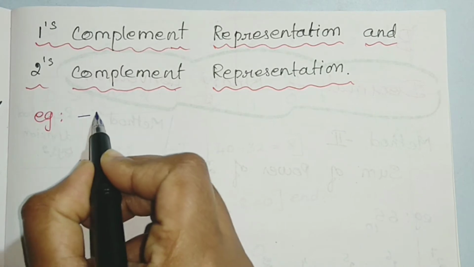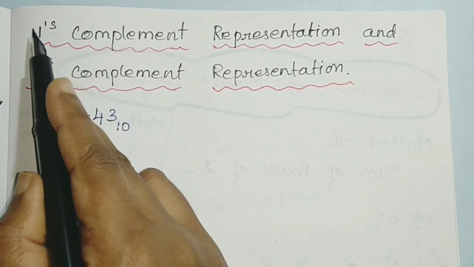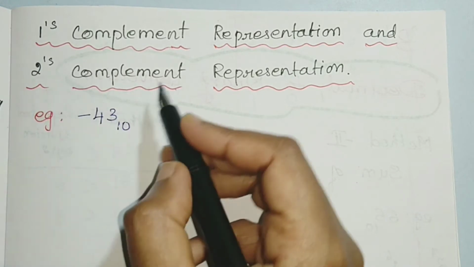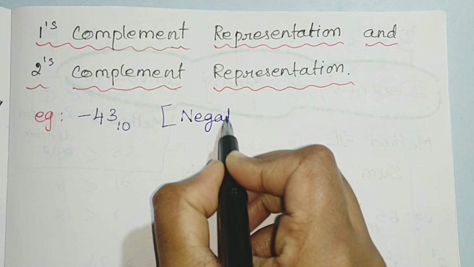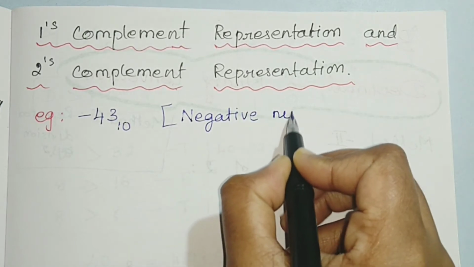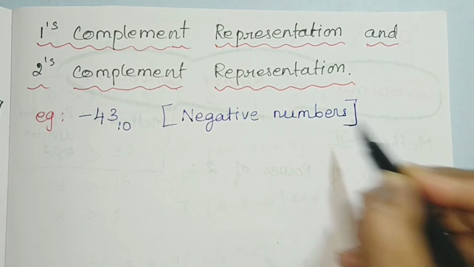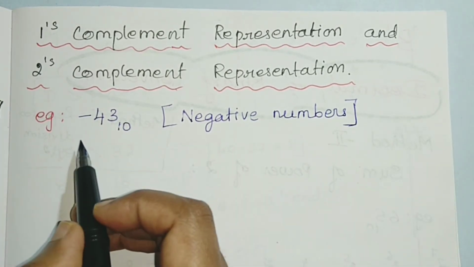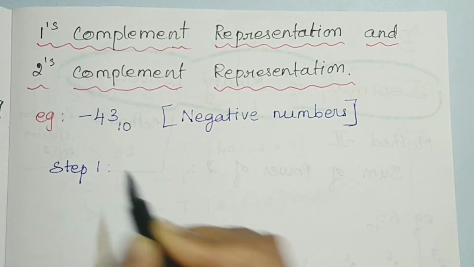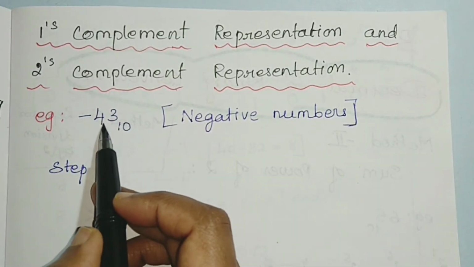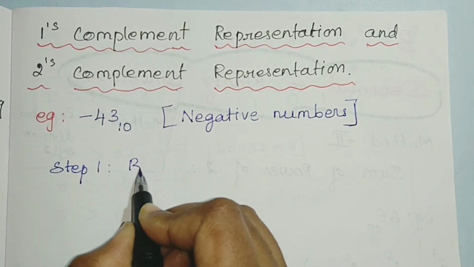So now let's consider an example, minus 43 base 10. This is the given decimal number. We have to do 1's complement and 2's complement. 1's complement and 2's complement are applicable only for negative numbers. Do remember, it is only for negative numbers. So let's find 1's complement and 2's complement for the given negative number. First of all, identify the binary equivalent of the given decimal number.